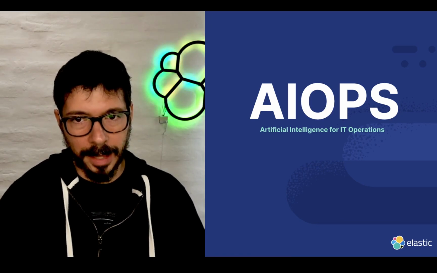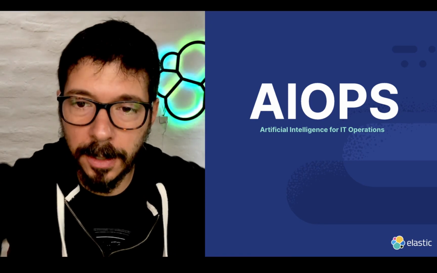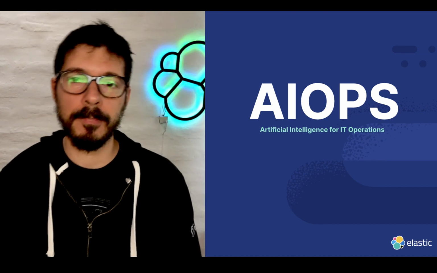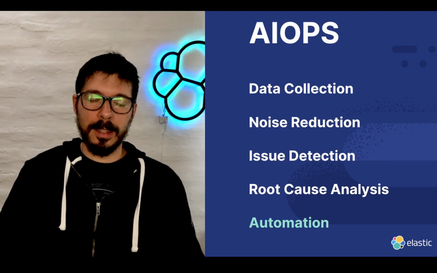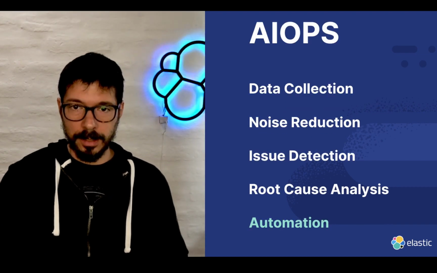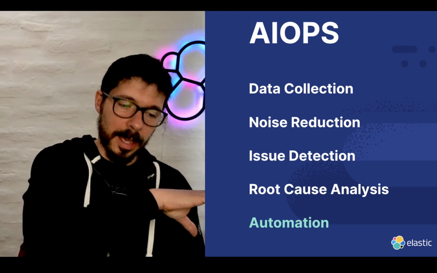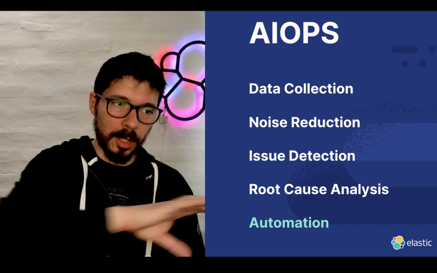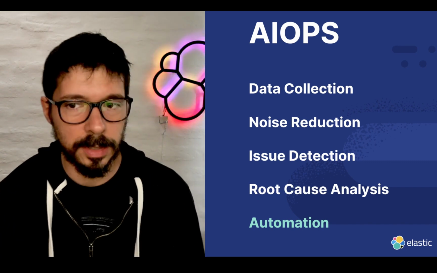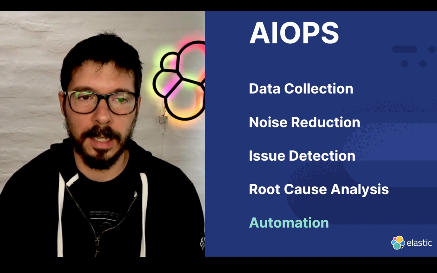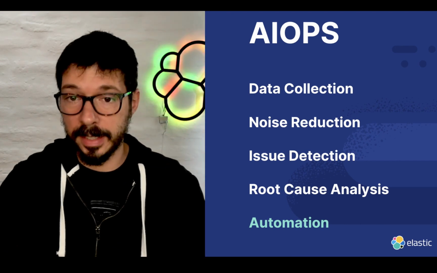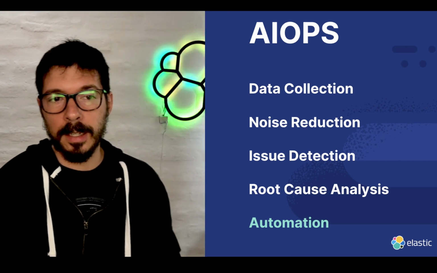All right, last video in our series for AIOps. Let's talk about automation now. So we have collected a lot of data. We have looked into how we can reduce the noise in that data just to surface relevant data, right?